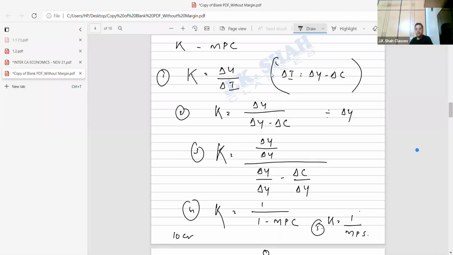Hence, the value of MPC, underline this, will always lie between 0 and 1, and therefore the value of multiplier will always lie between 1 and infinity.